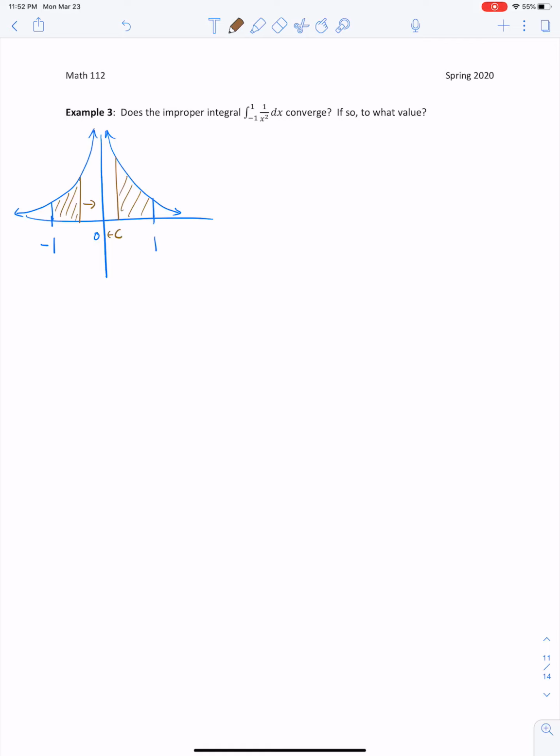However, we know that 1 over x squared is symmetric, so we can just write the integral from minus 1 to 1 of 1 over x squared as 2 times the integral from 0 to 1 of 1 over x squared dx. And in this case, now we can write this with a limit.